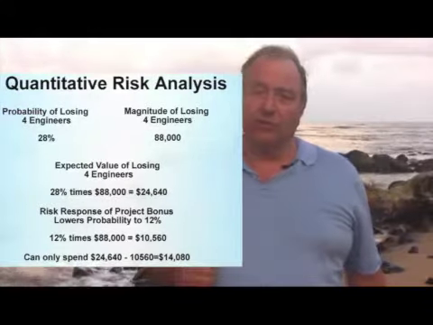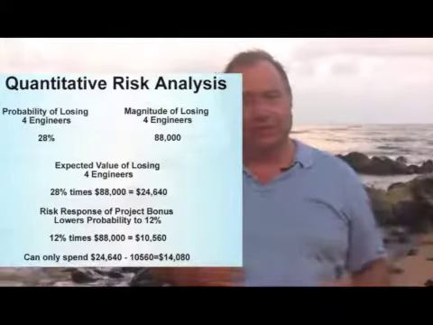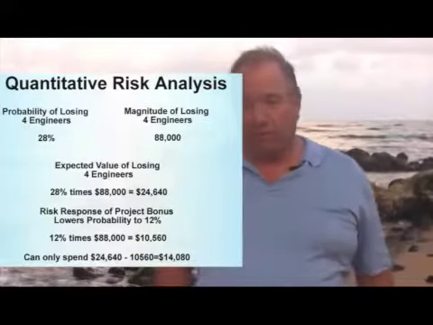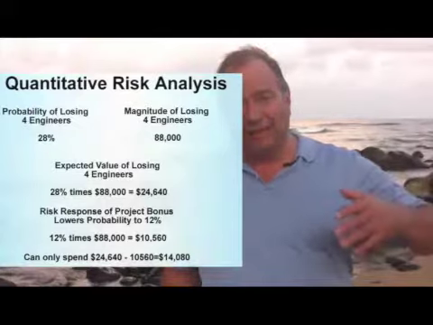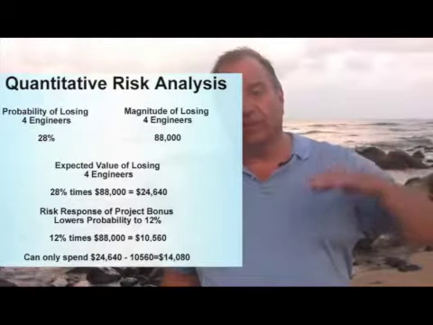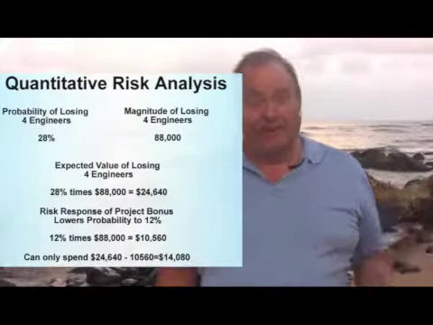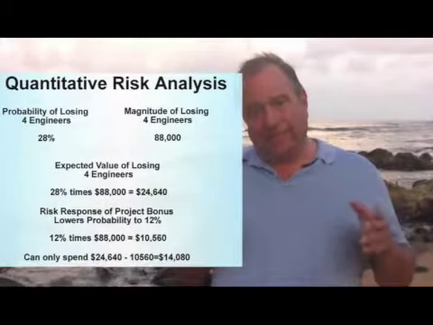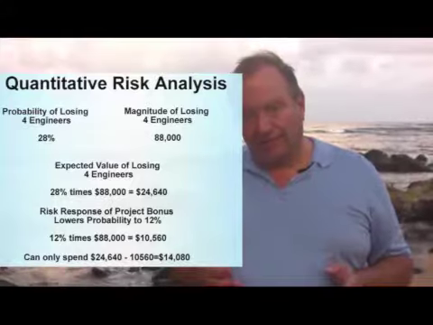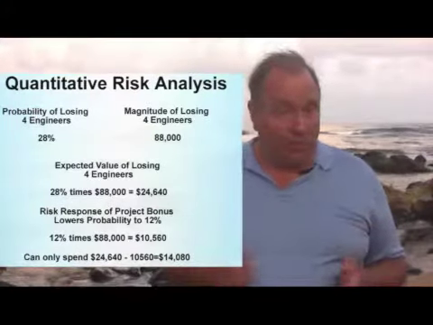If all we can do is reduce its likelihood, then we're probably not going to spend more than maybe $15,000 to do that, because we still have a significant amount of risk left after our mitigation action. So that's how we use the data out of quantitative risk analysis, to justify more expensive risk responses, which is a nice segue into, let's go talk about our risk response planning.